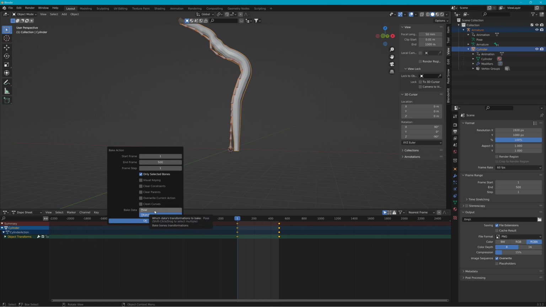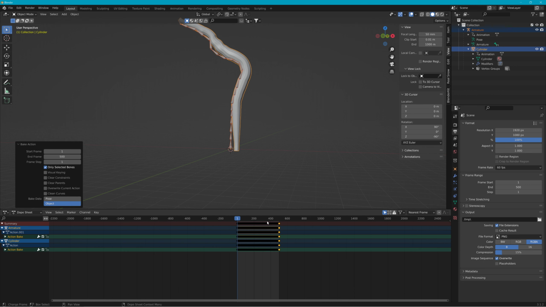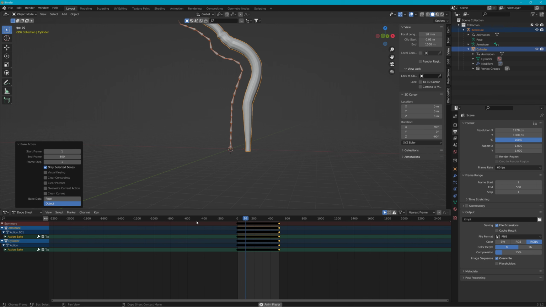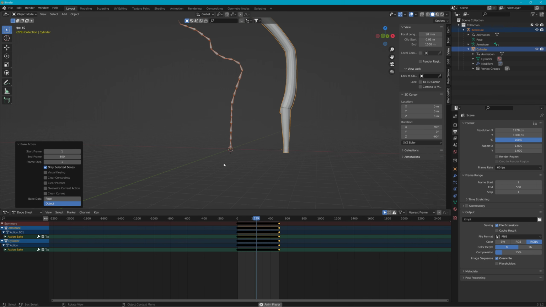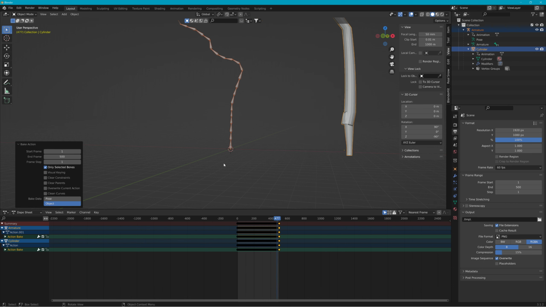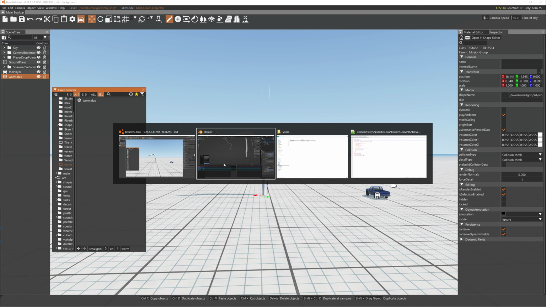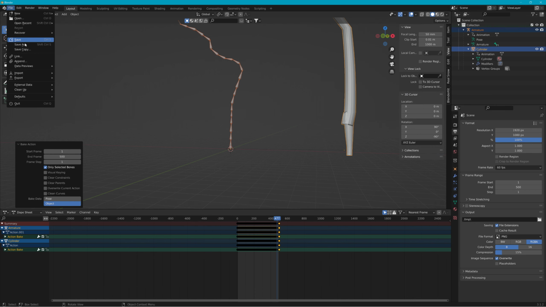Now here you say, do you want to bake the pose or do you want to bake the object? Well, if I say bake the object, that was the object's animation where I told that object to move. So let's export it and look at what it did.